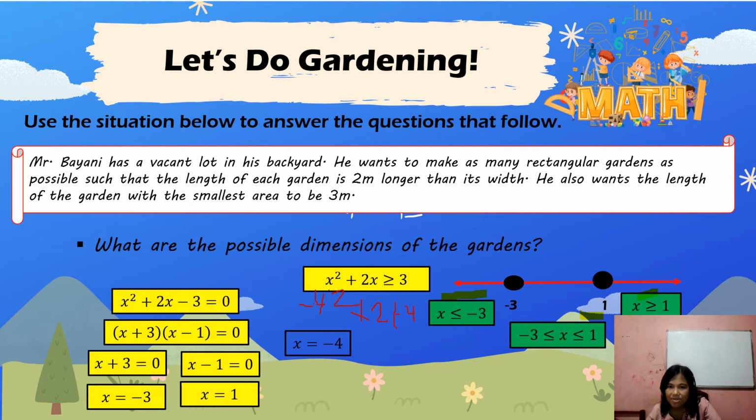Okay, and then you have greater than or equal to 3. Let's check on this first. So -4 squared is 16, and then 2 times -4 is -8. So that must be 16 minus 8 is 8. Alright, so 8 is the answer for this.